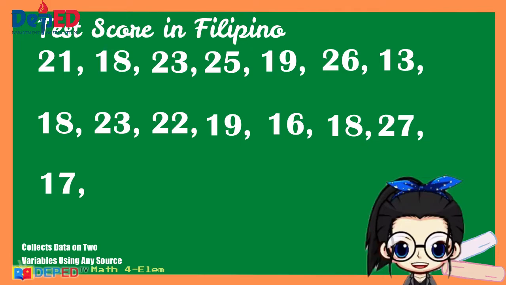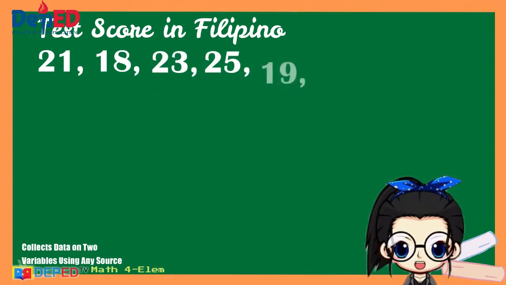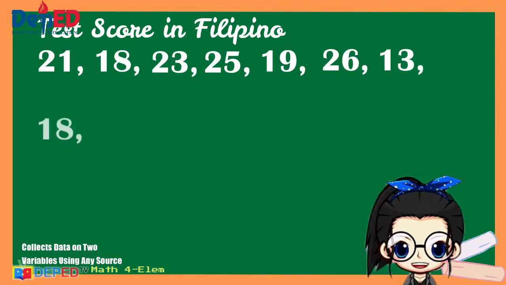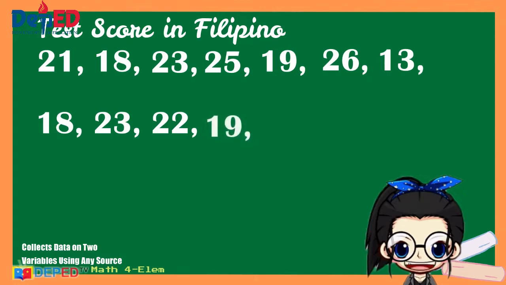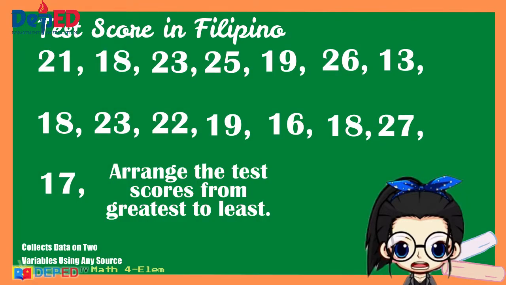The given data show the fourth quarterly test scores of 15 female learners in Filipino. 21, 18, 23, 25, 19, 26, 13, 18, 23, 22, 19, 16, 18, 27, 17.